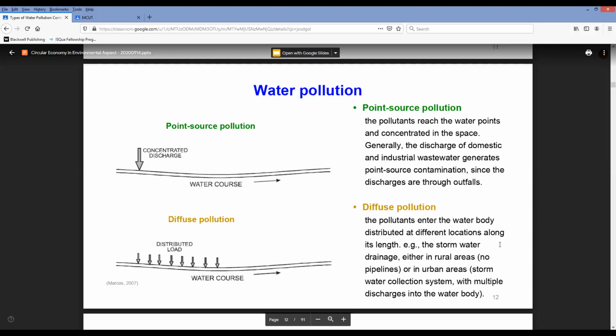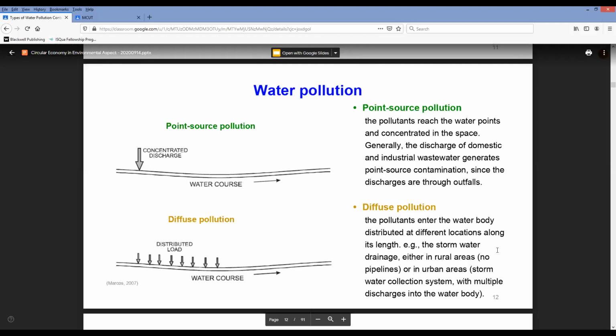Let's take the slide, the PowerPoint on the right. For point source pollution, the pollutant reaches the water at specific points and concentrates in that space. This is the definition of point source pollution. Generally, the discharge of domestic and industrial wastewater generates point source contamination, since the discharge is through an outflow.